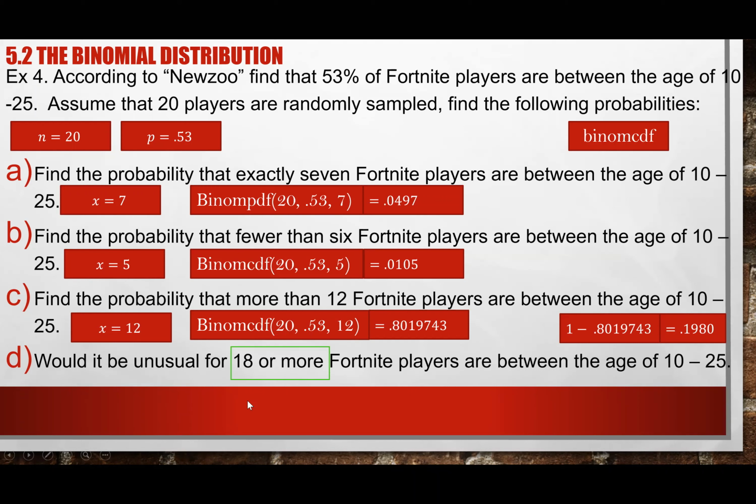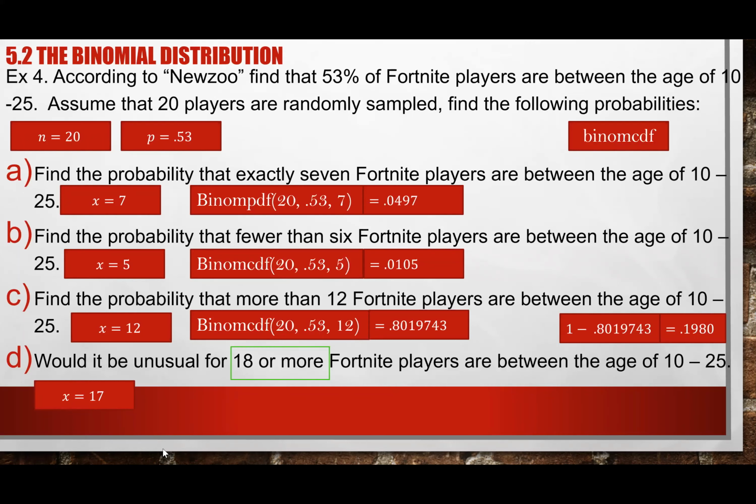Because the 18 is on the right-hand side, we tell our calculator to calculate only up to the endpoint, which is 17. Why? Because the 18 is what I'm looking for. I'm looking for the 18, the 19, the 20, right?